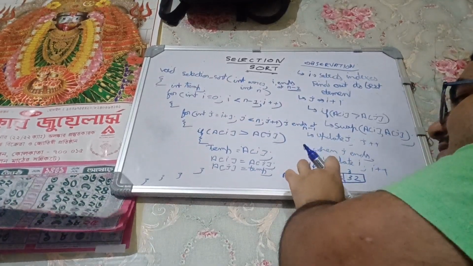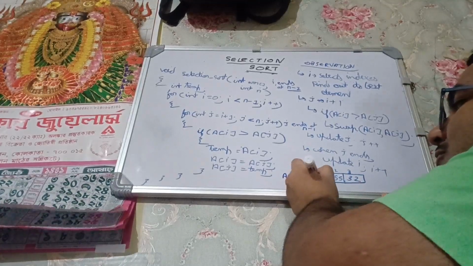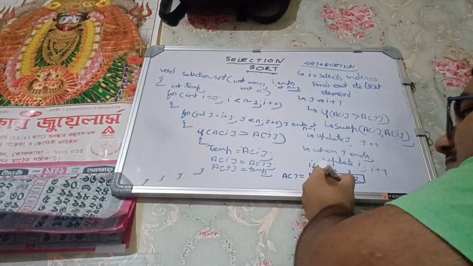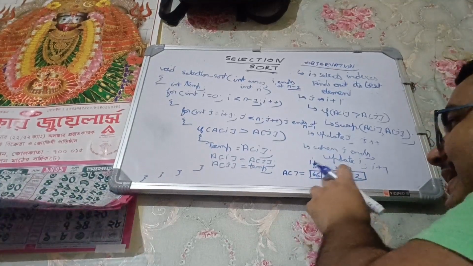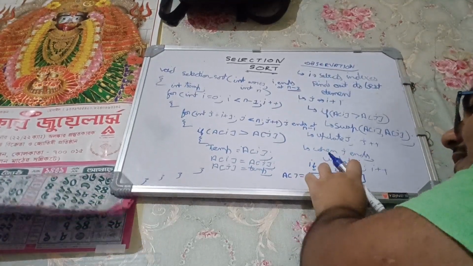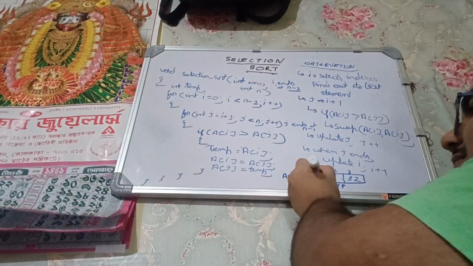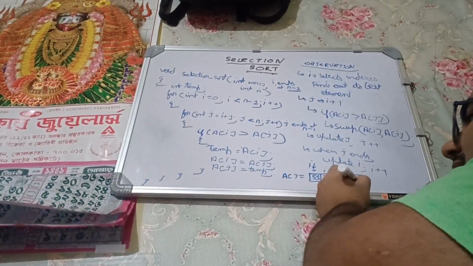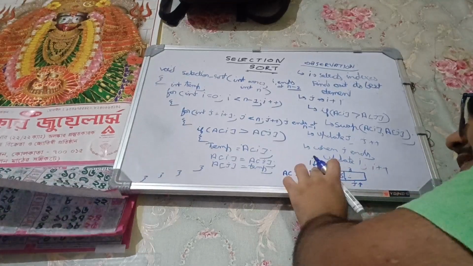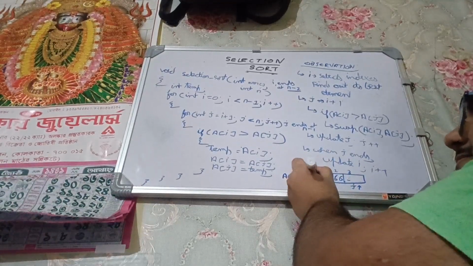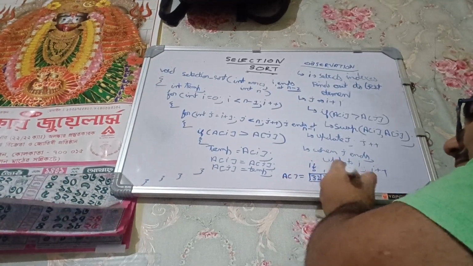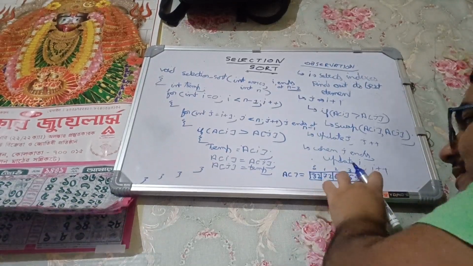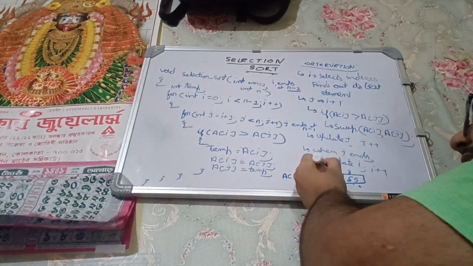So say 66 is swapped with 72, again j moves, 55, again swapping required, 55 and 66, j moves, 30, it needs to be swapped. Again I starts here, j.